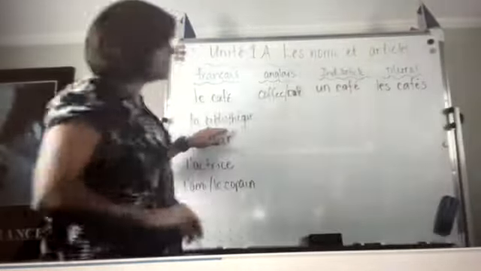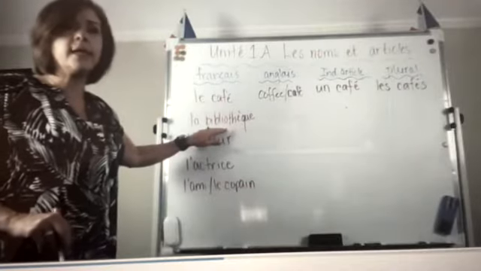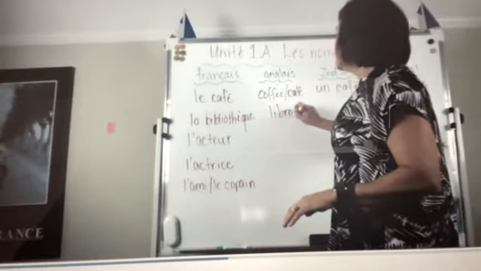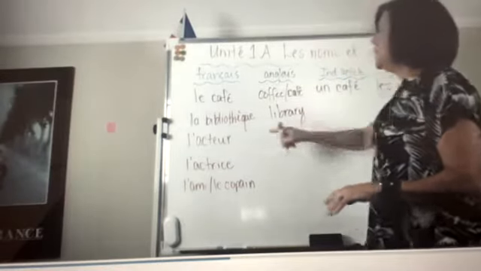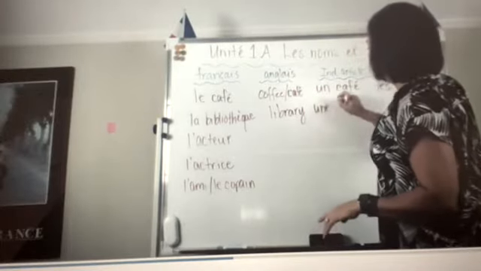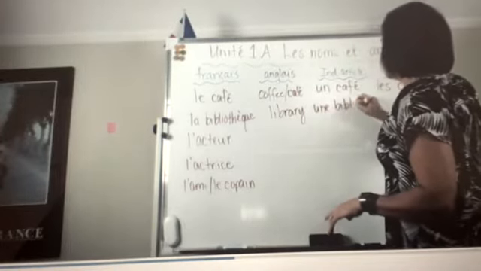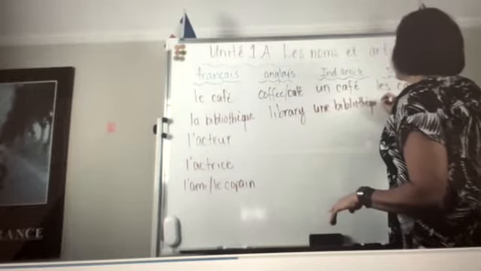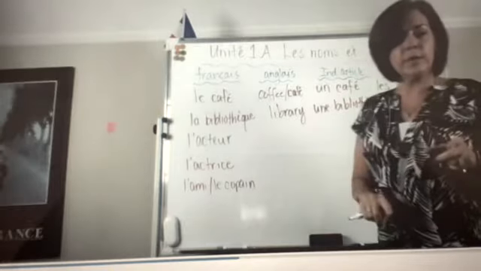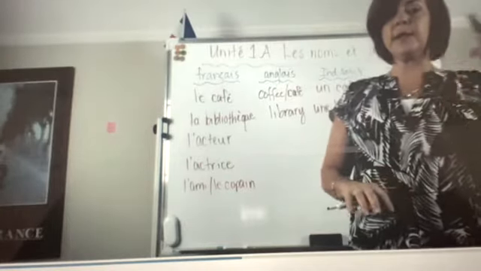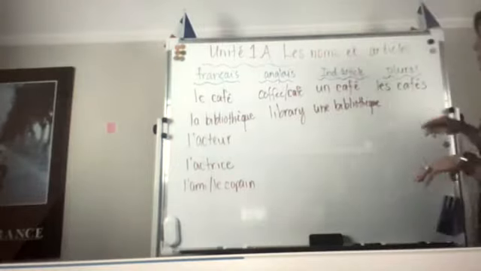La bibliothèque. La bibliothèque means library. So I'm going to put here under anglais, library. And from la bibliothèque, I'm going to make it une bibliothèque. When you're doing this activity by yourself later on, I want you to make sure that you have your notes packet from the last time that we had a video conference.